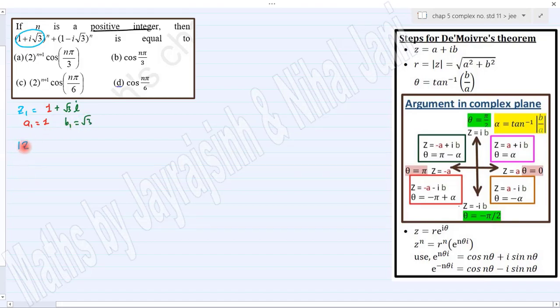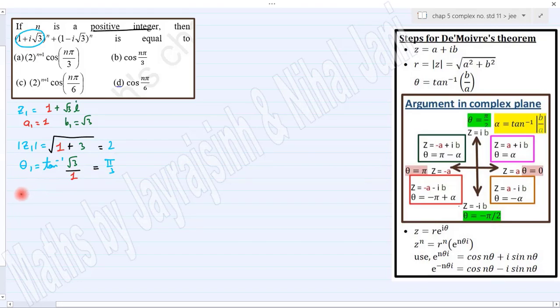So we can say the modulus of z1 will be under root of real part square plus imaginary part square, or we can say 2. Your z1 lies in the first quadrant, so we can say your theta 1 must be tan inverse of b by a, or we will get root 3 by 1, which will give us pi by 3.